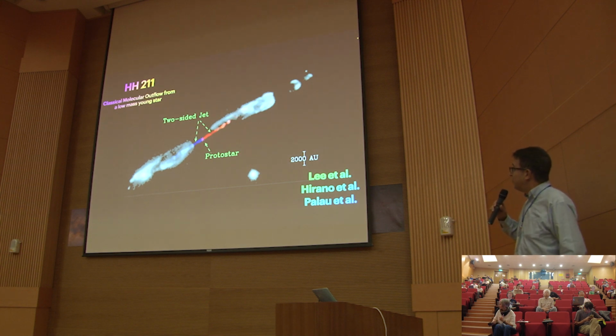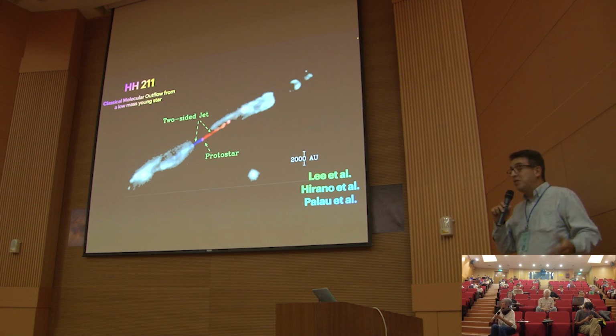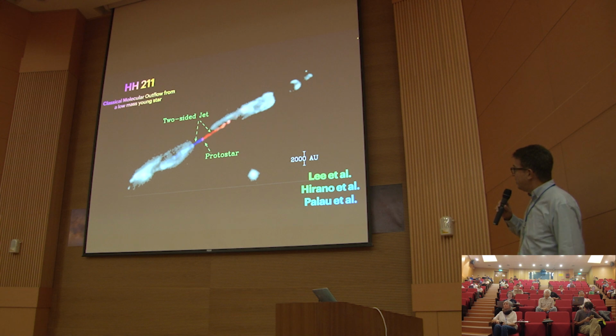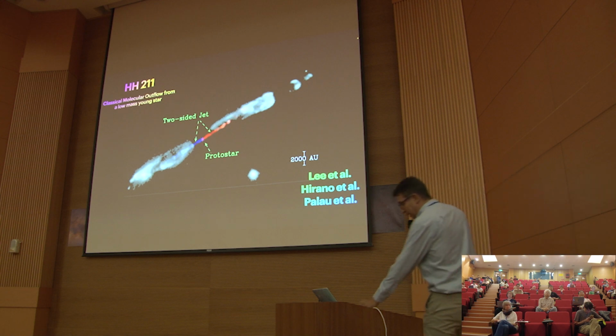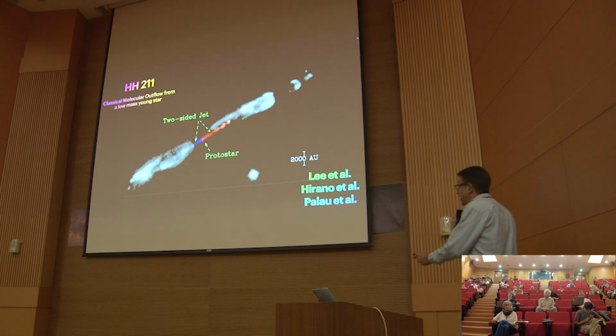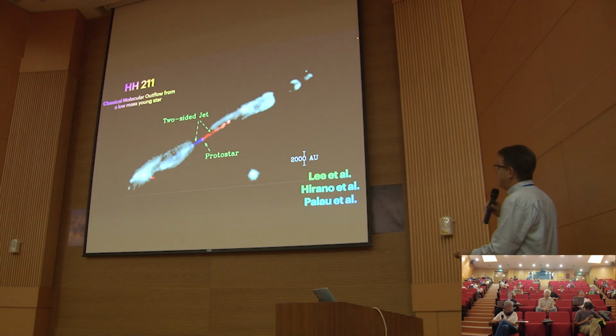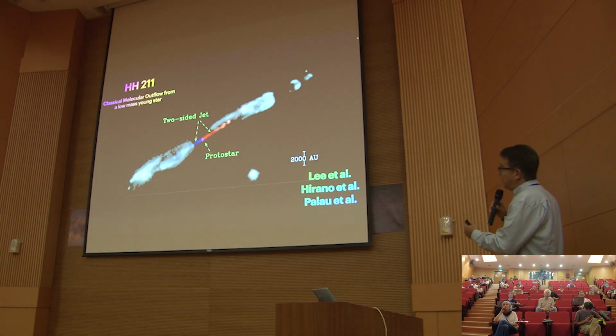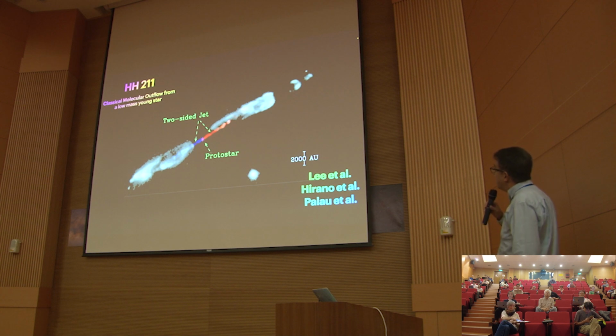You can see here from the SMA, it looks really fantastic. It's a really collimated outflow from ASIAA, and even the CO also looks really fantastic. In the gray scales, you can see the H2, those kinds of shocks on the outflow. The protostar that is in the middle of this outflow is powering these really fantastic and collimated outflows.